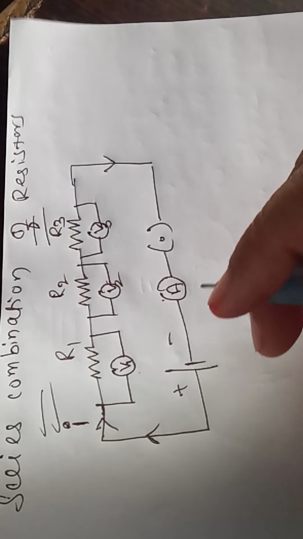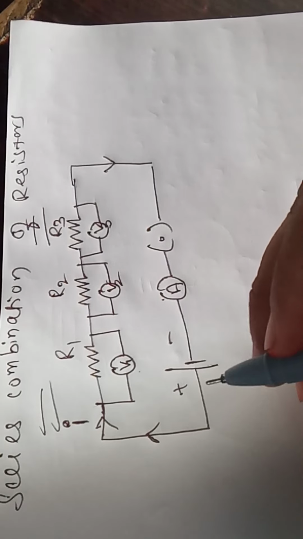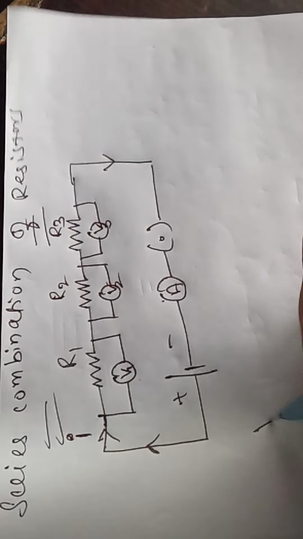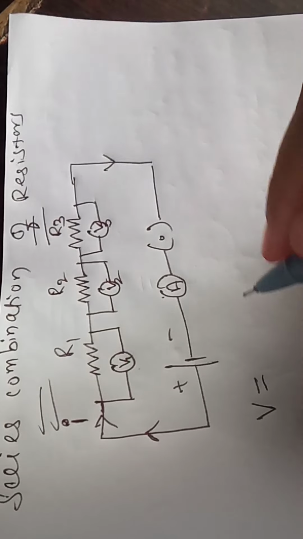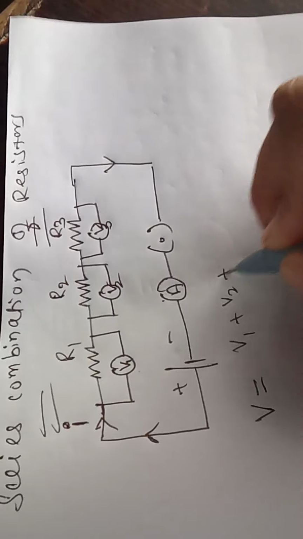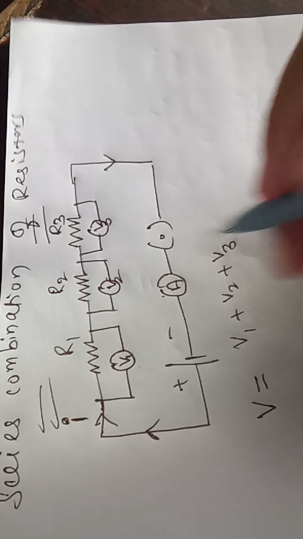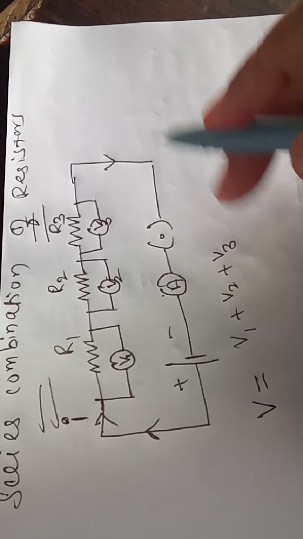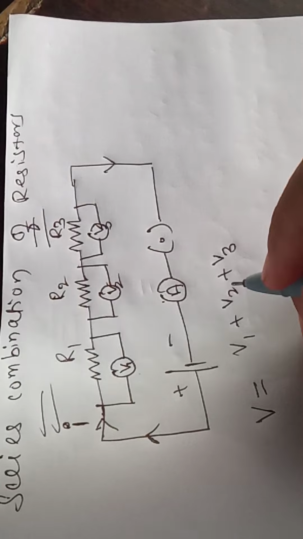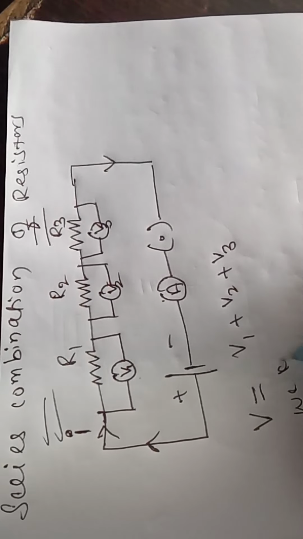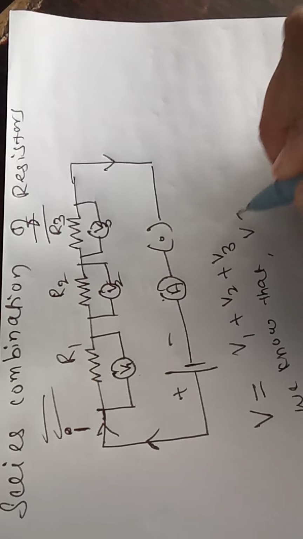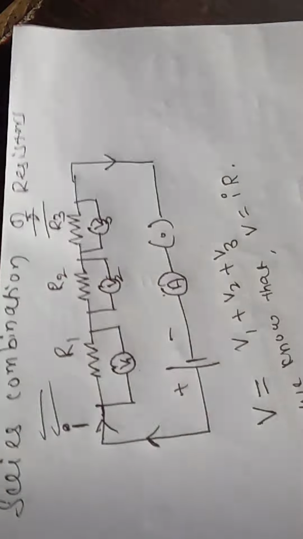Now here, in such a position, the total potential difference across the combination of resistors will be equal to V1 plus V2 plus V3. Now from Ohm's law we know that V equals IR.